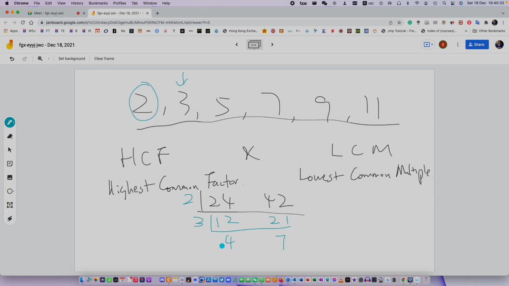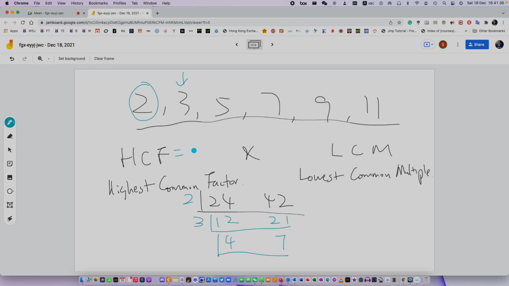And now you realize that you cannot put in any more number that is divisible by 4 and 7, right? That's why you stop. Once you stop, how do you find the HCF? So what's the HCF for this case? 2 and 3.